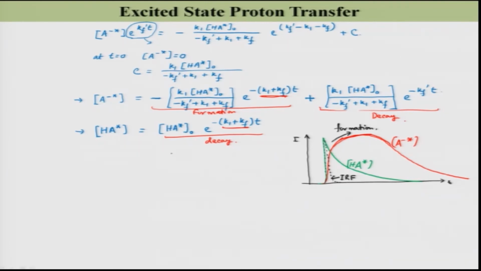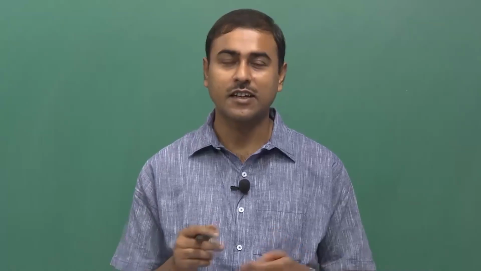So, we can write that tau 1 is equal to 1 over k 1 plus k f, and tau 2 is equal to 1 over k f prime, and we can write all these time constants from this experimental data. Now, let me just quickly show you what happens if this is a reversible two-state case, right.